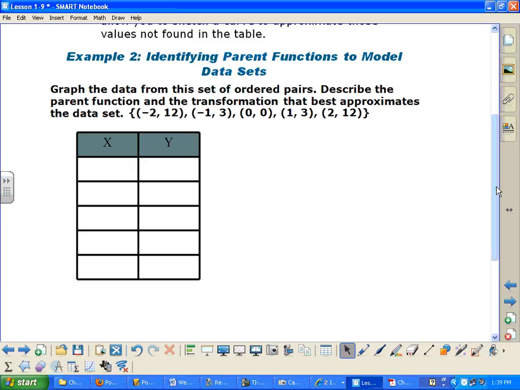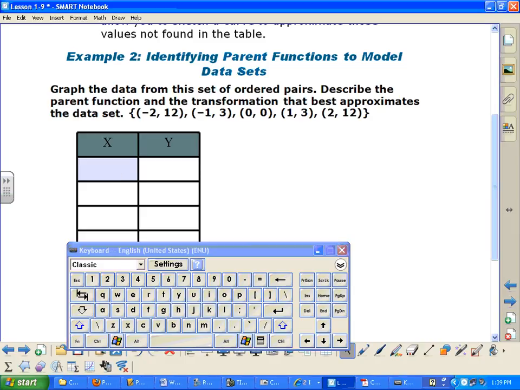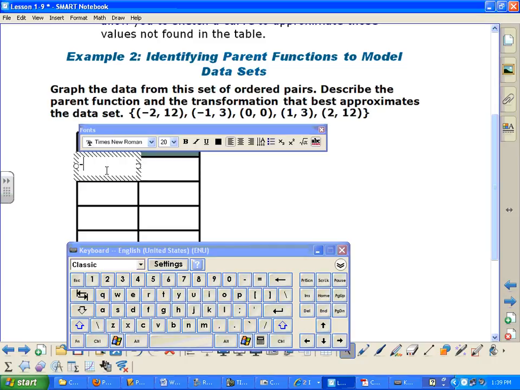All right, so I'm going to put in these points here. All right, so we got -2, and I'm making a table because I want to be able to see the transformation. So you see, I only have 2 parts of the table here, but I'm going to add a part to that table also.